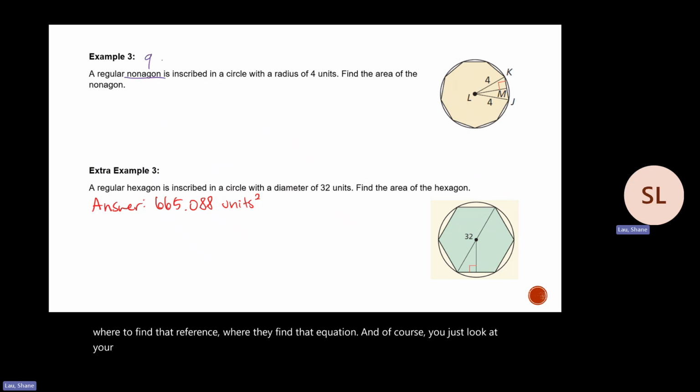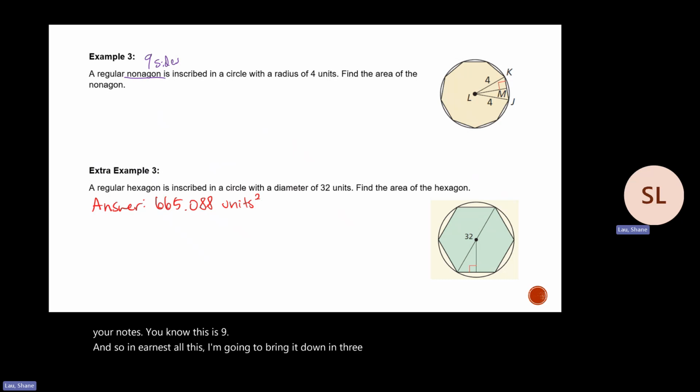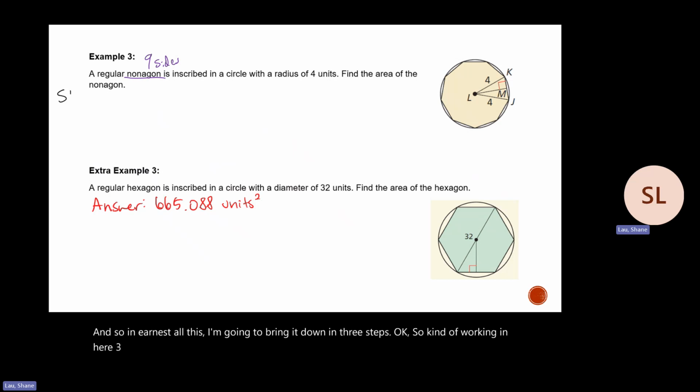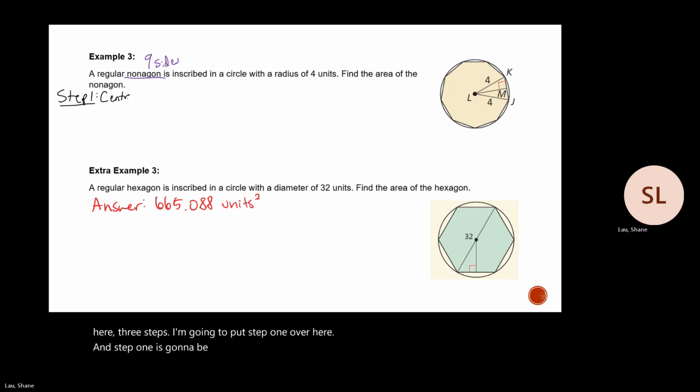We know this has 9 sides, like so. In order to solve this, I'm going to break it down into 3 steps. So work with me here. I'm going to put step 1 over here, and step 1 is going to be central angle.